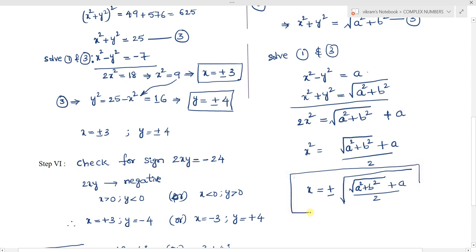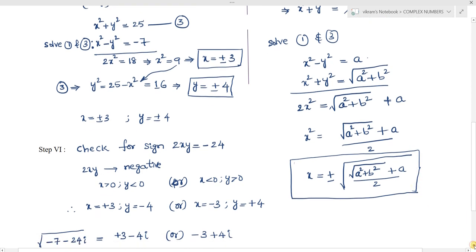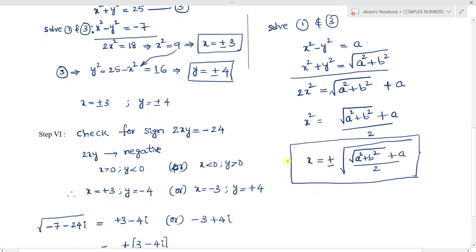Then if we subtract equation 1 from 3, that means 3 minus 1, we get 2y square equals square root of a square plus b square minus a.